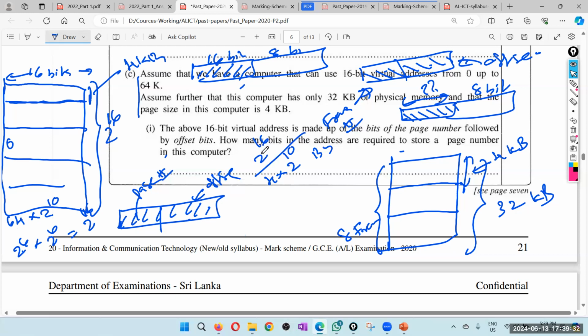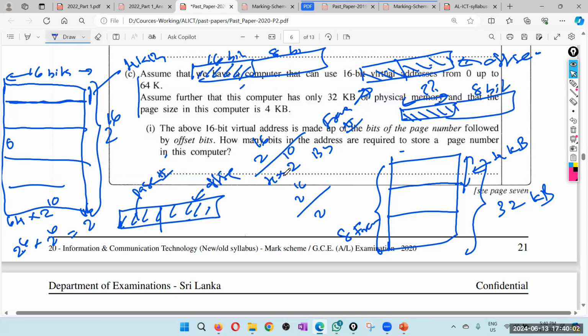So then byte and byte get cancelled, and we get the number of pages. What is the number of pages? 2 to the power 16 divided by 4, which is 2 to the power 2, times 2 to the power 10, is 2 to the power 12.